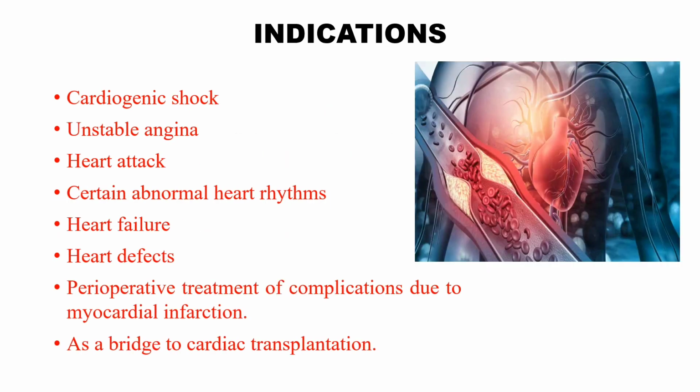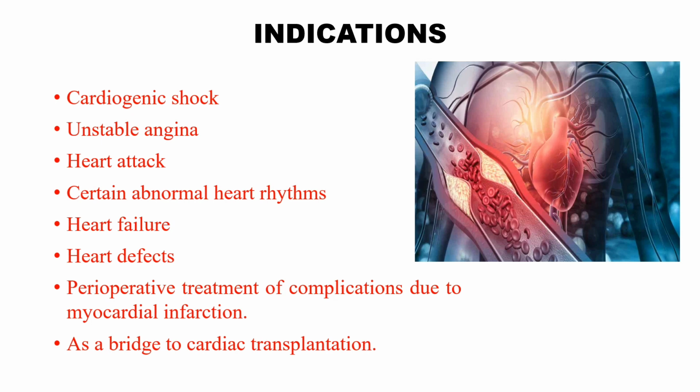Indications. Intra-aortic balloon pump therapy is used to treat cardiogenic shock. That's when your heart cannot pump enough blood to meet the needs of your body, so the intra-aortic balloon pump is required.